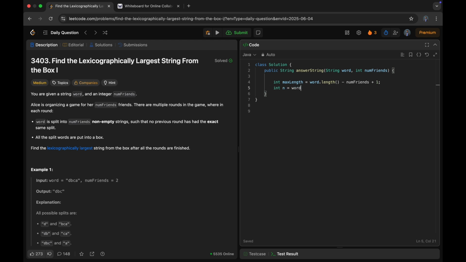So integer n is equal to word.length, and we need a string to store the largest string at the end. So string largest is equal to an empty string as of now.